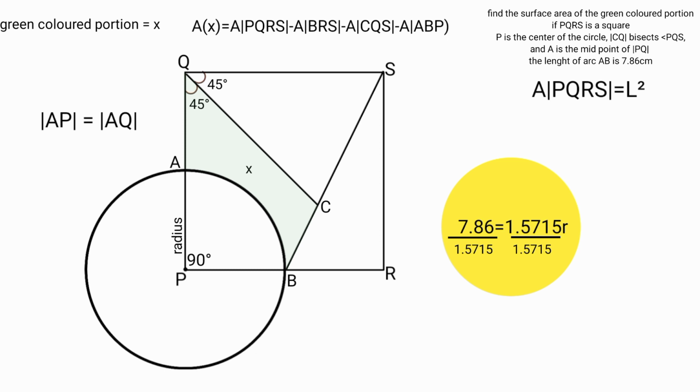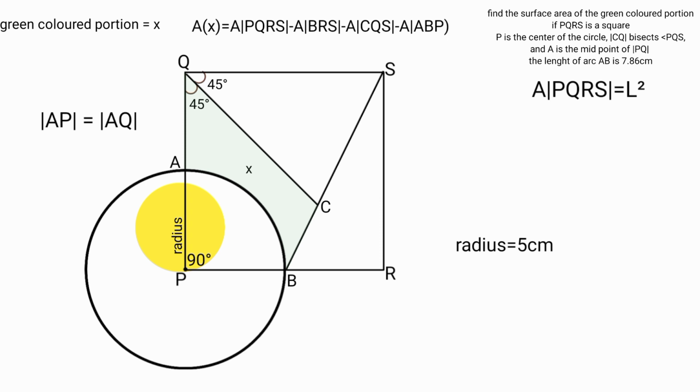So 7.86 over 1.5715 equals 1.5715 r over 1.5715. Here 1.5715 cancels 1.5715, and 7.86 over 1.5715 equals 5.0016, which is approximately 5. So therefore radius equals 5 centimeters.